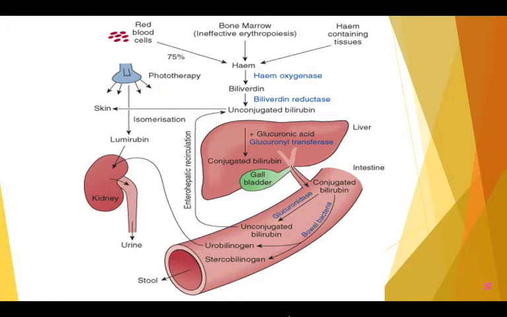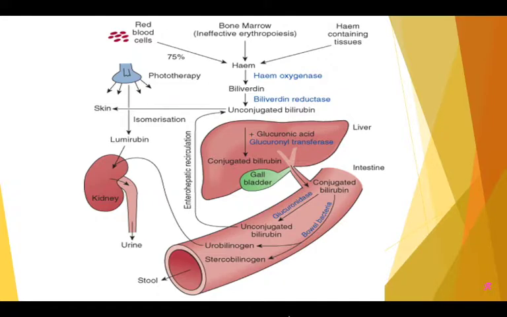To the intestine, conjugated bilirubin is coming. Here is a pictorial representation of the whole bilirubin metabolism, and now I am just going to tell about the last phase, the intestinal phase. In this picture, we can see that conjugated bilirubin is coming to the intestine.